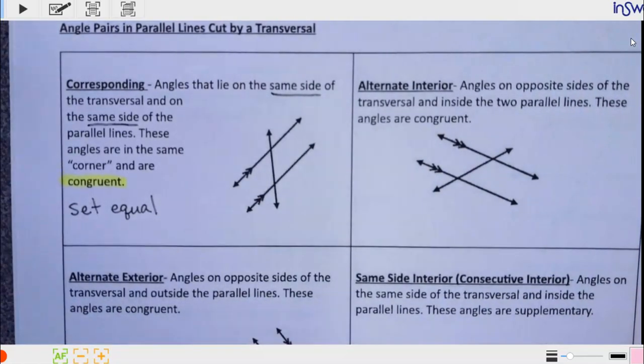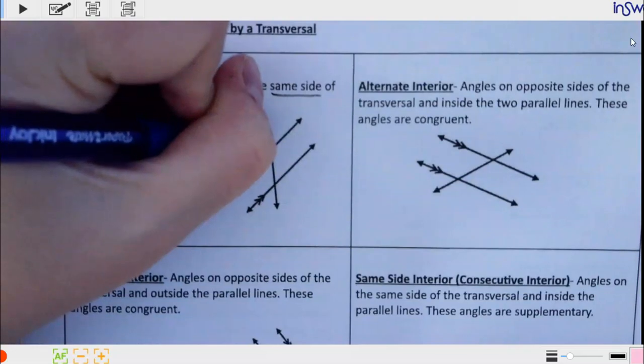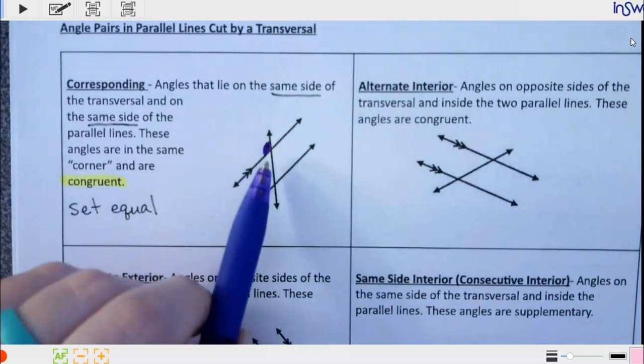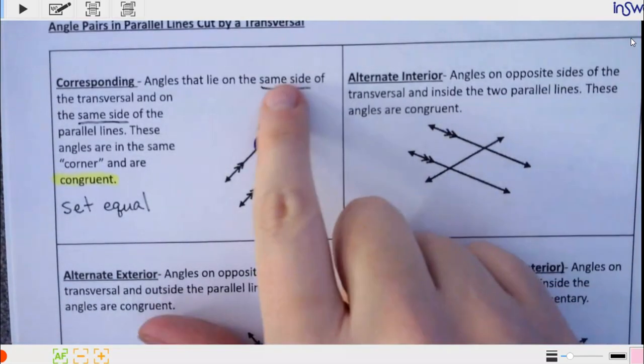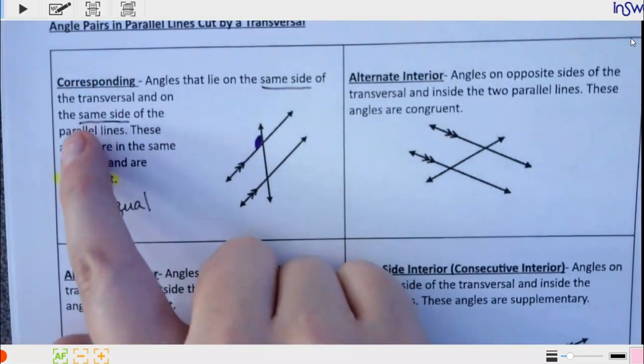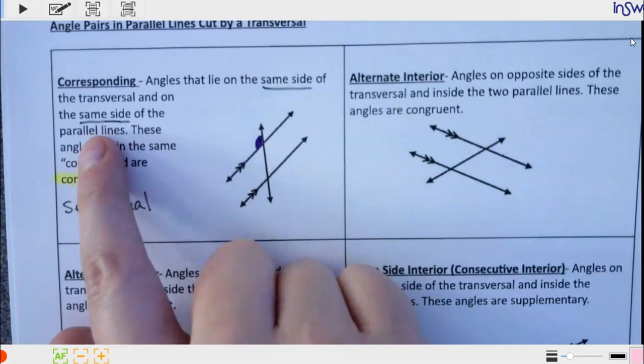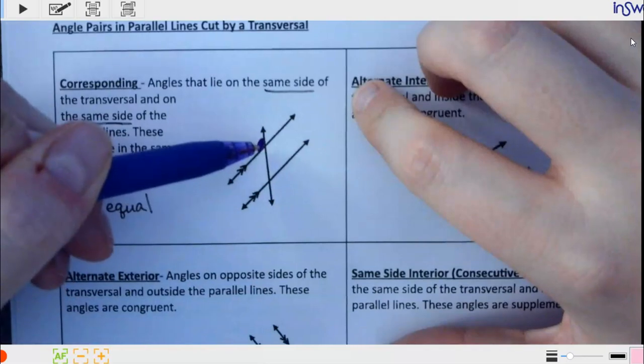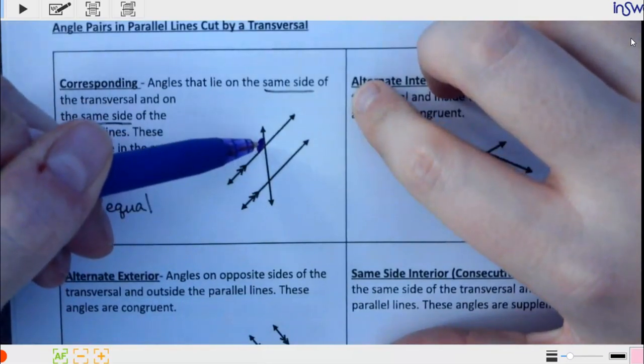Okay, and then we're going to come over here. I'm going to use a different color pen. You can use your highlighter or just use a pencil. It really doesn't matter. But I'm going to pick one angle, and I'm going to determine what angle is corresponding to this. So it needs to be on the same side of the transversal and on the same side of the parallel lines. What does that even mean? Well, here's my transversal, and there's actually 8 angles that we're dealing with.